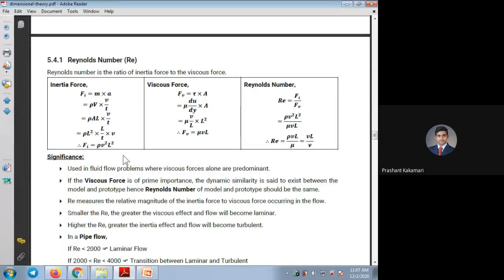For any body, mass is density into volume, and the acceleration is change in velocity per unit time.